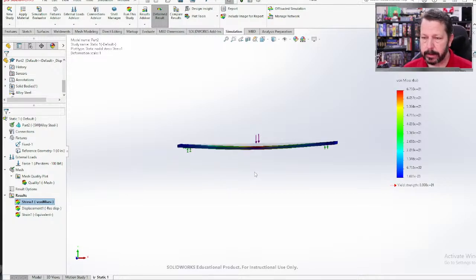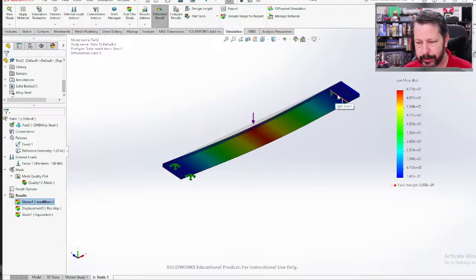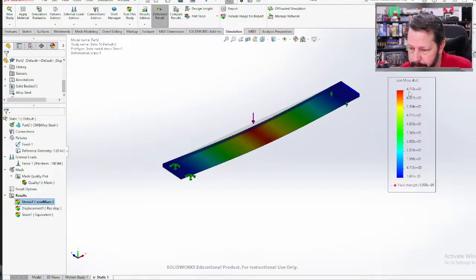All right, let's see how different it is, because I'm actually not 100% sure that it's really treating this line as a roller. So let's change that one to a fixed support and see if our von Mises stress actually does change. Right now we're at 6.7 times 10 to the first.